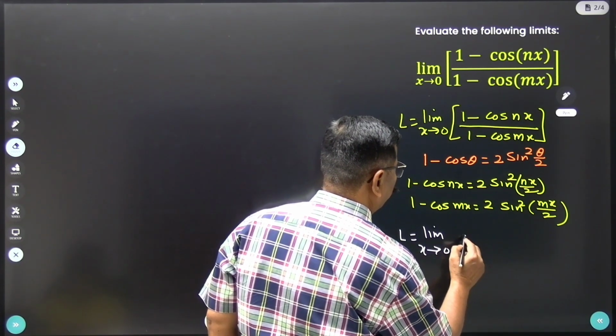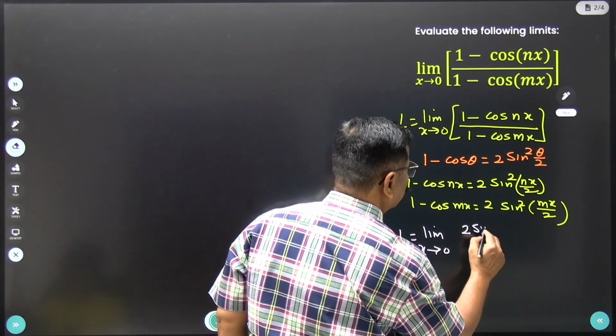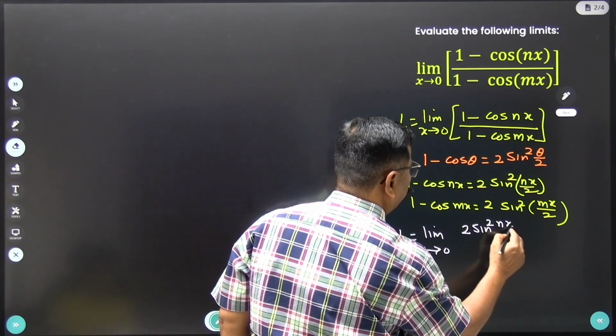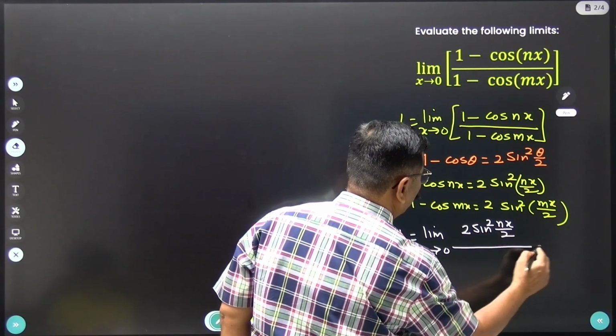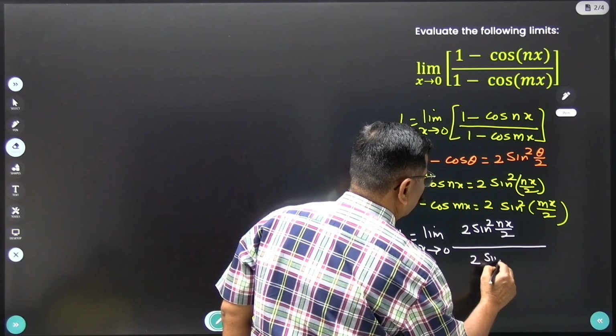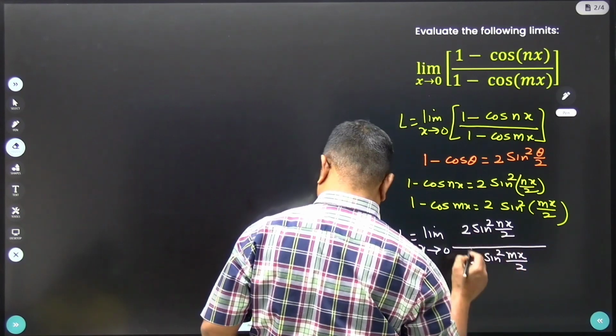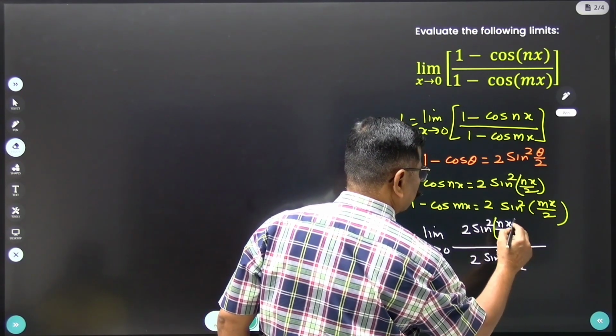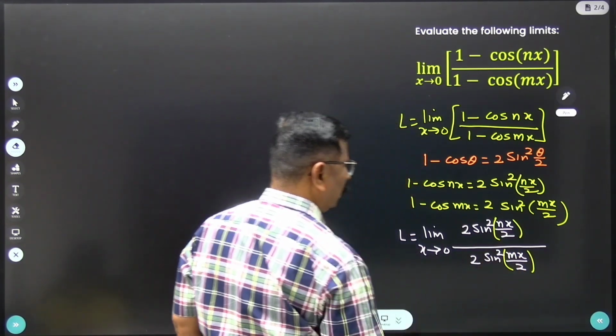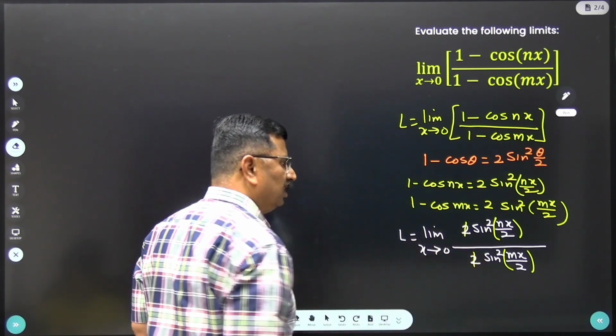x tends to 0, 2 sine square nx upon 2 whole divided by 2 sine square mx upon 2. Now this 2 will get cancelled.